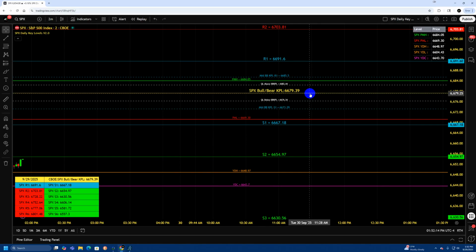Conversely, on a bearish trade taken from the BB-KPL level, your tight stop loss is the QL above the BB-KPL, and your standard stop loss is the first midpoint above the BB-KPL, which is mid BB-KPL R1.